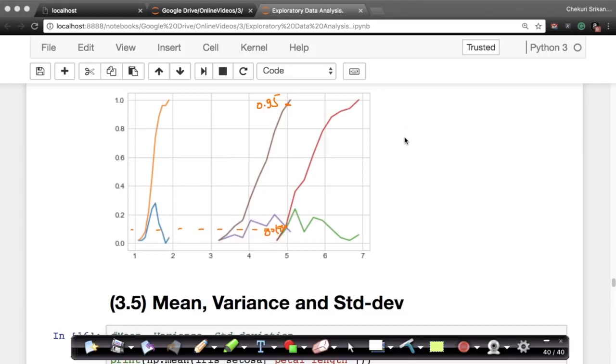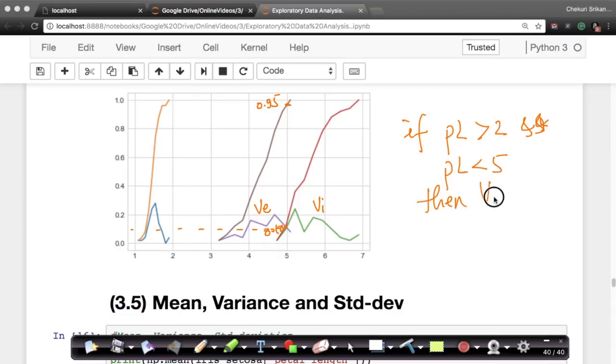Now, if I say, if petal length is greater than 2 and petal length is less than 5, then declare it to be, I keep getting confused which is versicolor and which is virginica. Let's say this is versicolor and this is virginica. If petal length is greater than 2 and less than 5, then versicolor.